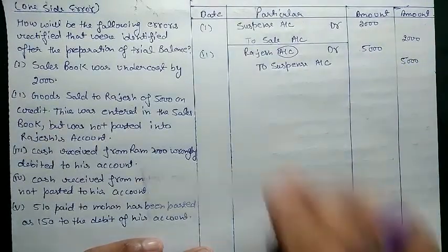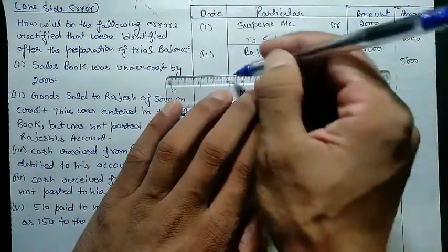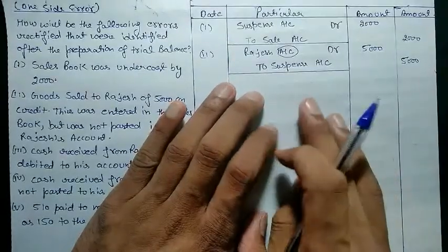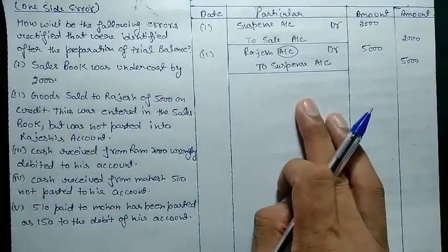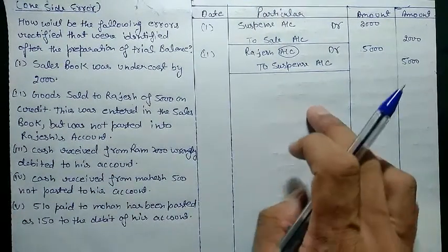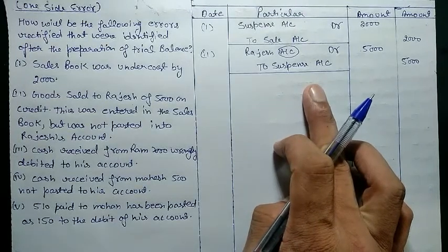So in making a correction of a single-side error, we use the suspense account because we have already posted the correct entry in one account. For correcting the entry in the second account, we need to make use of another account that we know as the suspense account.